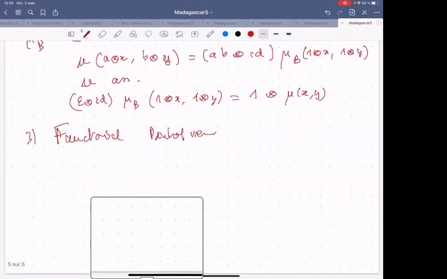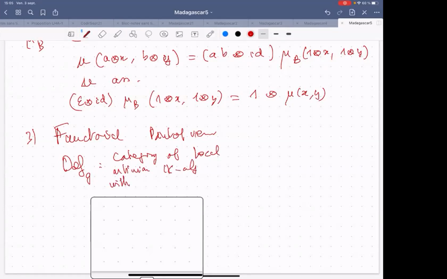In this functorial point of view used by Grothendieck, Laudal, and all these people working in categories, this functor is called Def, and it goes from the category of local Artinian K-algebras with residue field K into the category of sets.